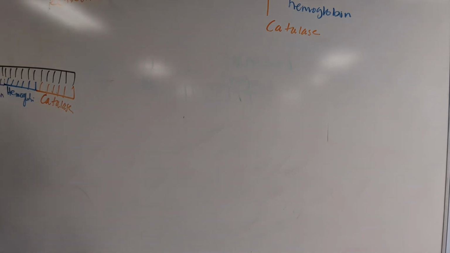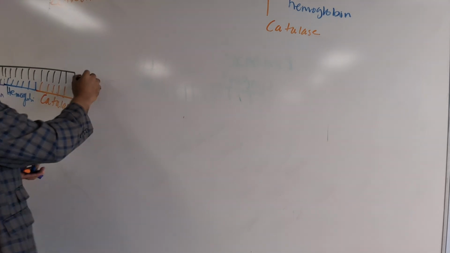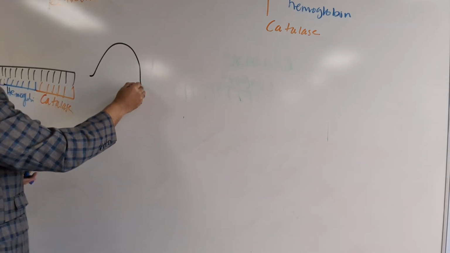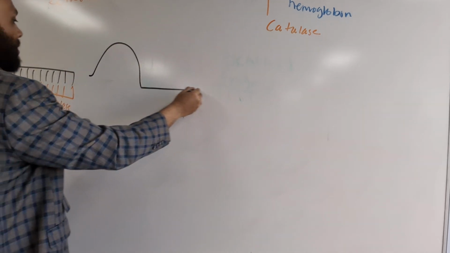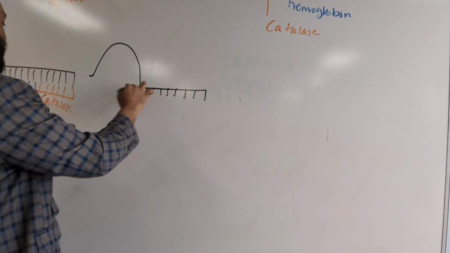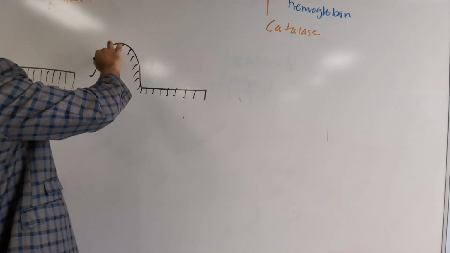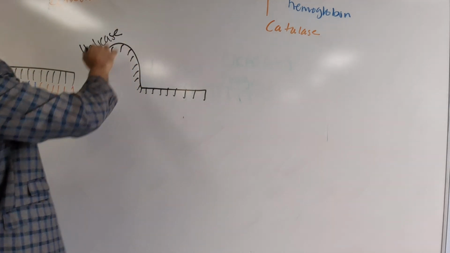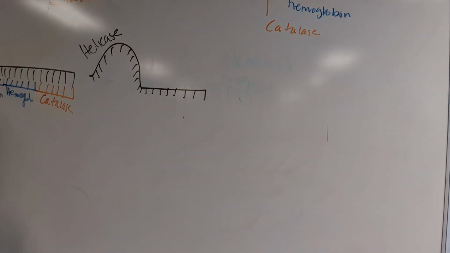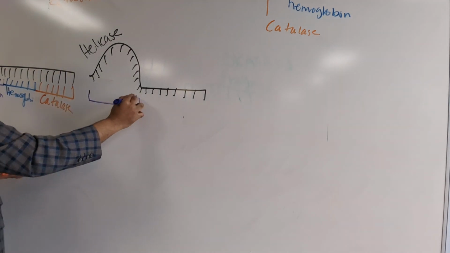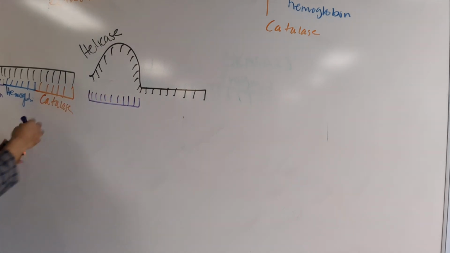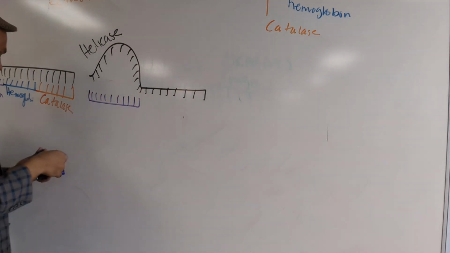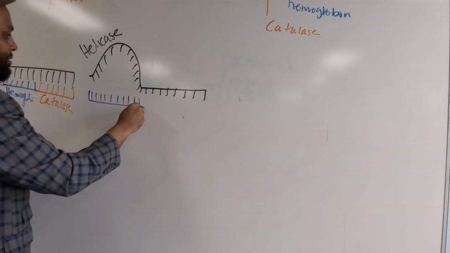If I want hemoglobin, I'm going to unwind this region using helicase. So helicase is going to unwind this region, expose for me the myoglobin part, and everything else is going to stay attached.